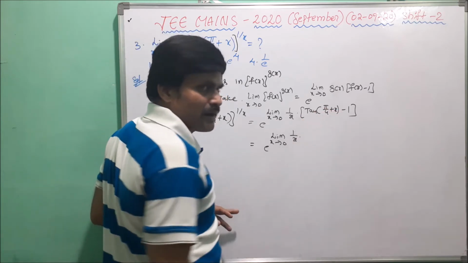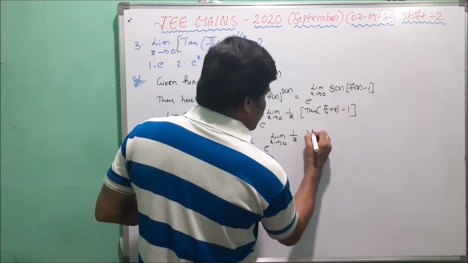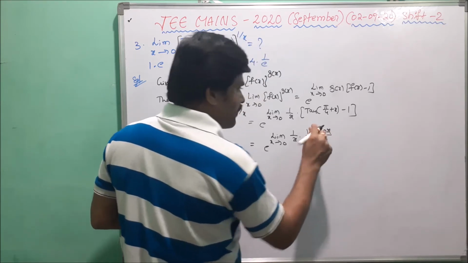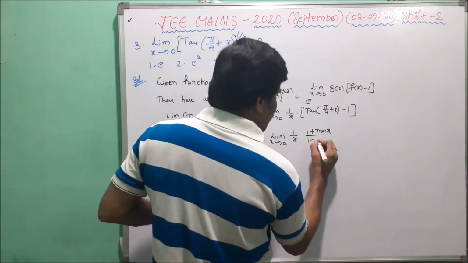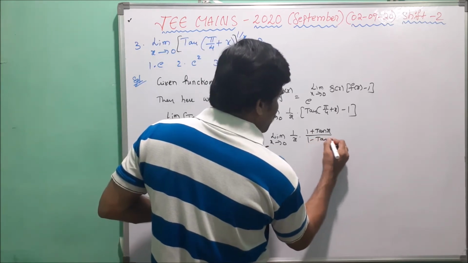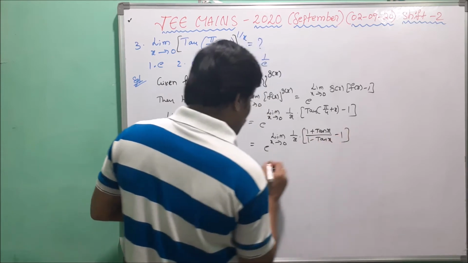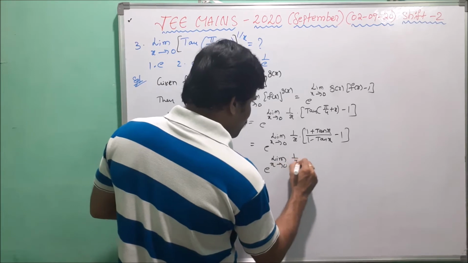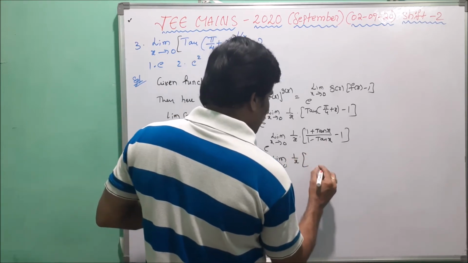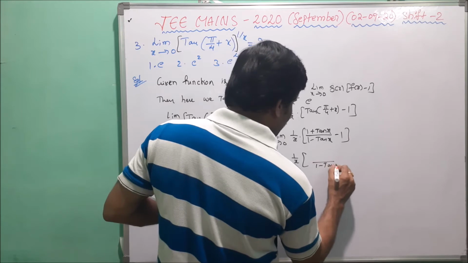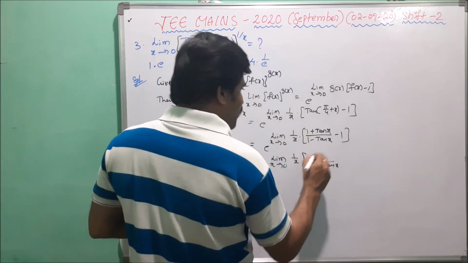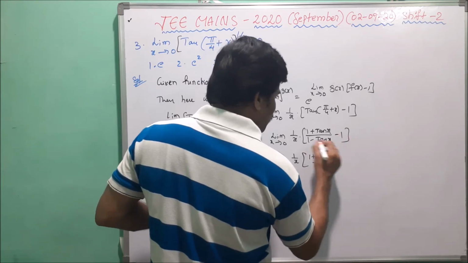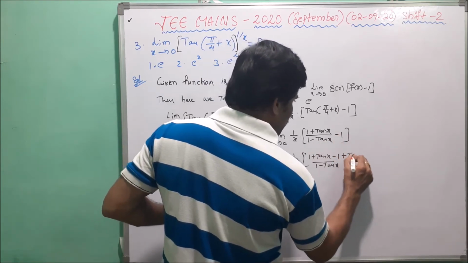Now we write (tan a plus tan b) by (1 minus tan a tan b). Tan pi by 4, that is 1, plus tan x, by 1 minus tan pi by 4 into tan x. Now here we can write (1 plus tan x) by (1 minus tan x), minus 1. Which is clearly equal to limit x tends to 0, 1 by x, we take LCM, that is 1 minus tan x. Here 1 plus tan x minus 1 into 1, minus 1 into minus tan x, that is plus tan x.